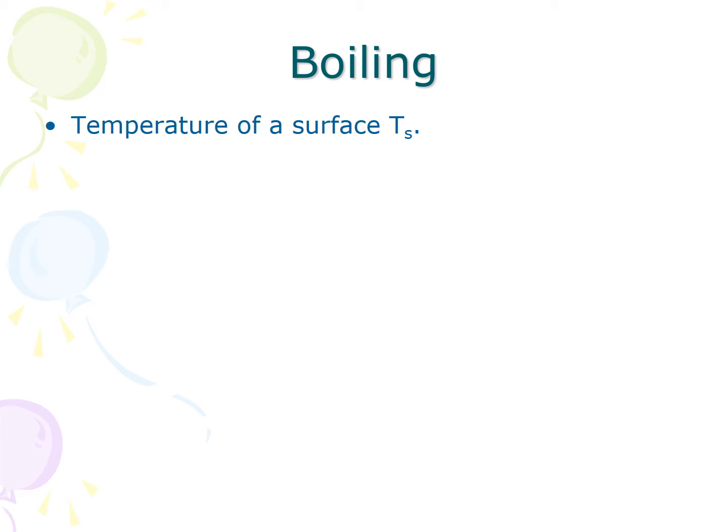The surface involved in transferring heat to liquid during boiling has a temperature of Ts. The temperature of the boiling liquid can be taken to be the saturation temperature at the given pressure, or Tsat.